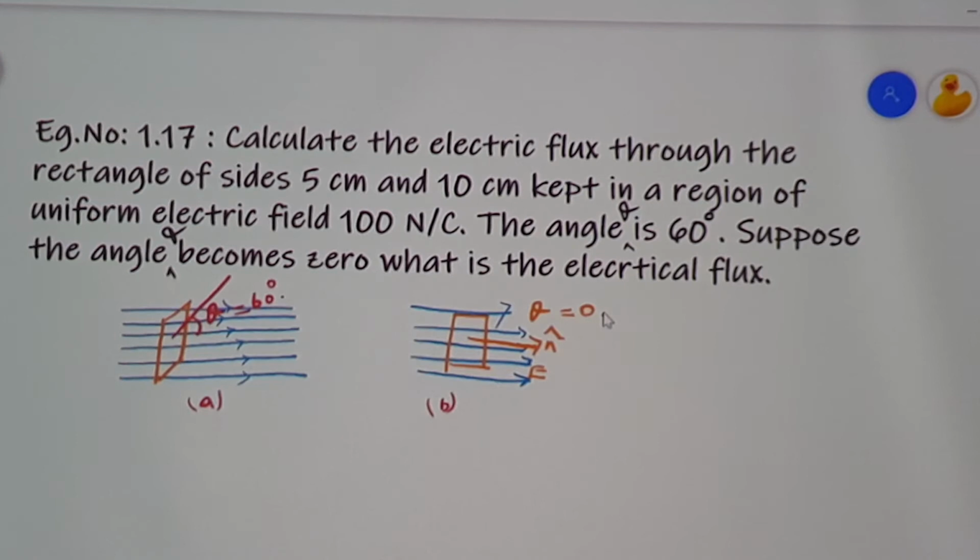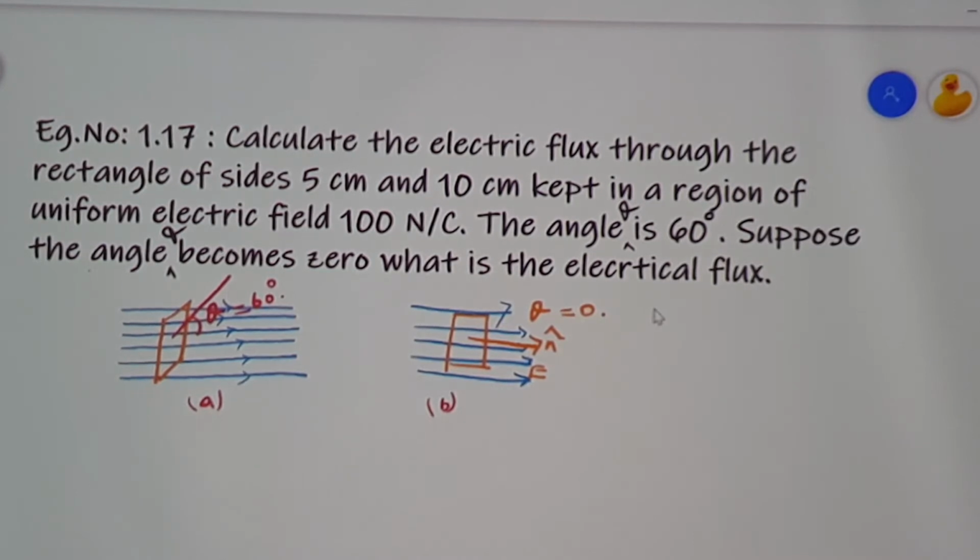Theta equal to 0. Angle theta becomes 0 means, what do you mean by this? The plane should be perpendicular to that of the electrical field. Then only the normal drawn and the electrical lines of force will be parallel.